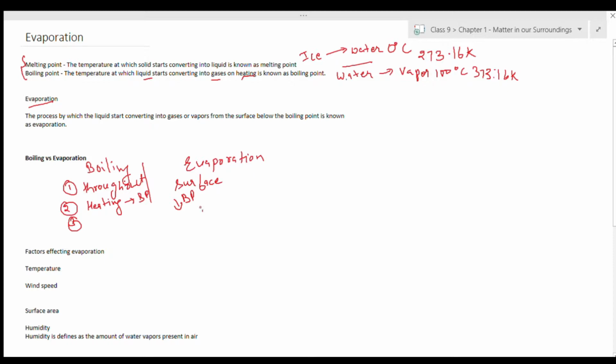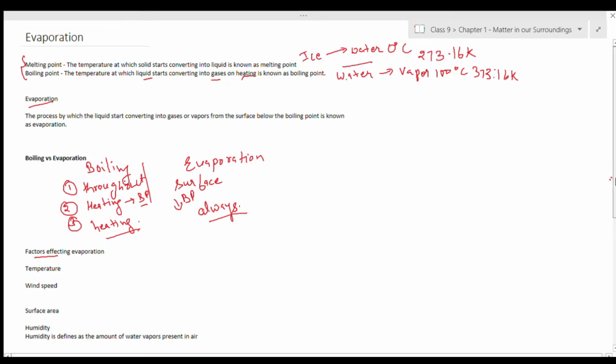So even if we are not boiling or heating the substance, evaporation is always happening. Whereas boiling happens only when we are heating a liquid and it reaches a certain temperature, which is its boiling point.